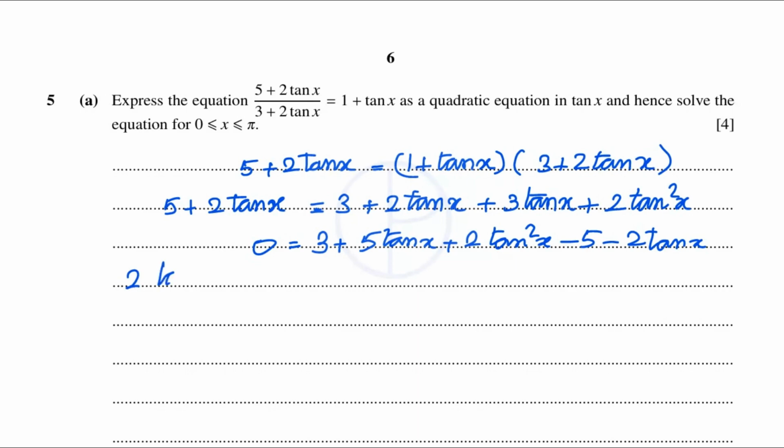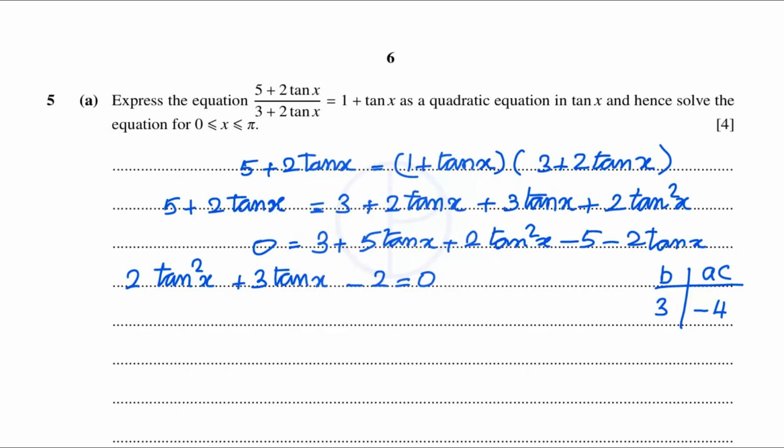So this is nothing but 2 tan square x plus 3 tan x minus 2 is equal to 0. Let's factorize this one. What is AC value? Negative 4 and B is 3.